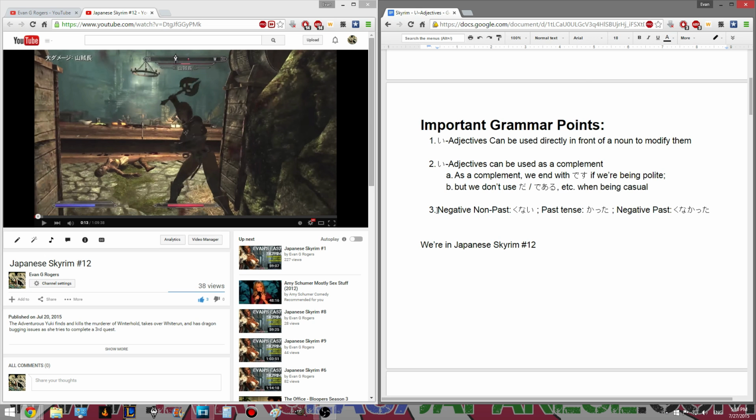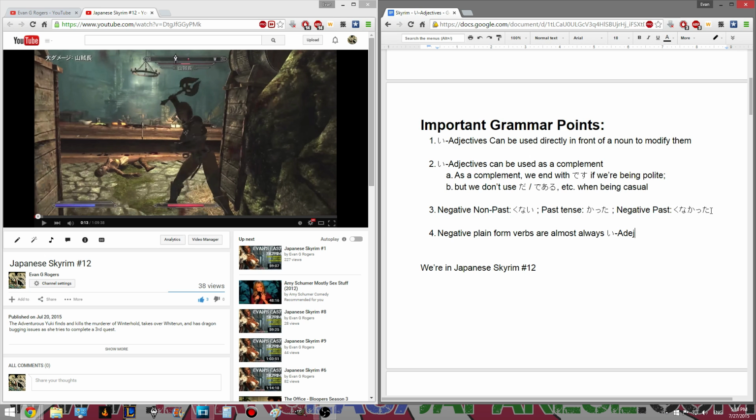All right, and the negative non-past form of the e-adjectives is kunai, which is still an e-adjective. Then we have just the past tense, katta, and then the negative past tense, kunakatta. And I meant to write this down earlier, but also negative plain form verbs are almost always e-adjectives.